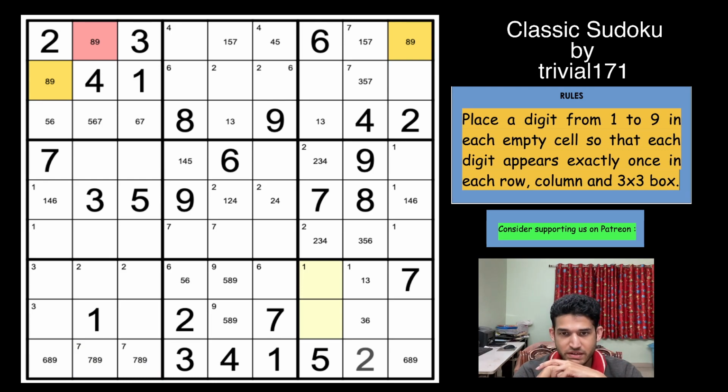And unfortunately the trail stops there. Wow, this is a hard Sudoku.